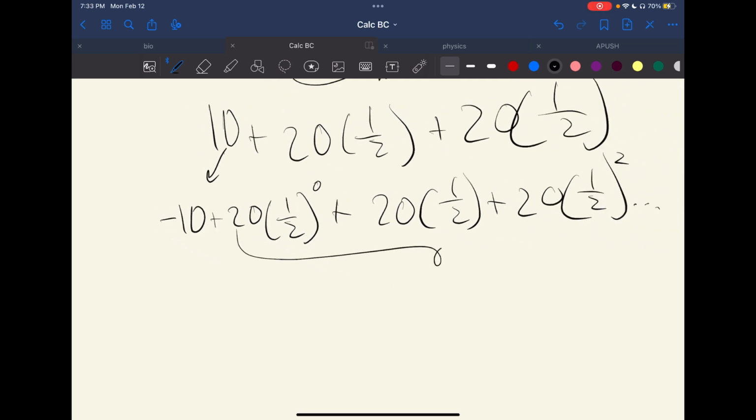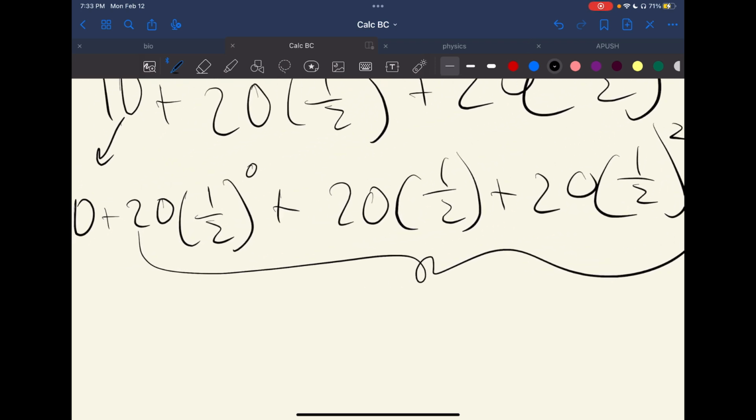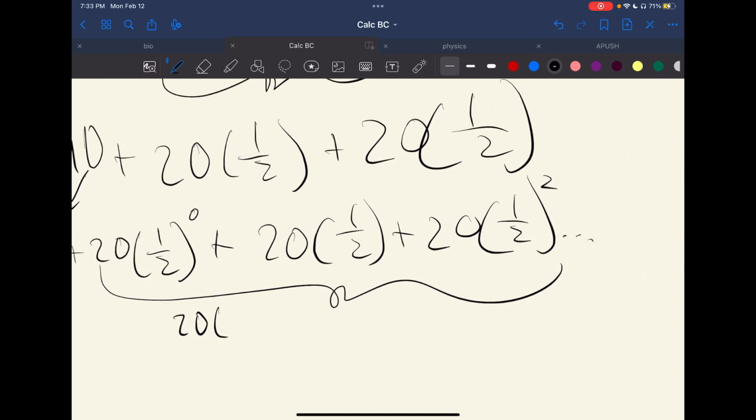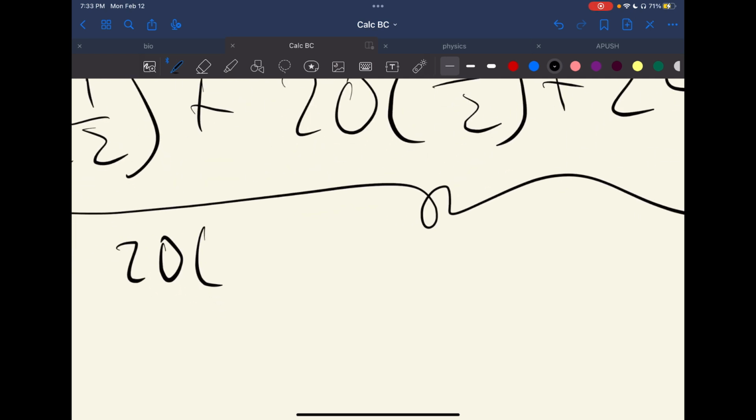So we're going to have to rewrite this as a series. As you can see, we have a 20, and then it's multiplying by 1/2 times 1/2 times 1/2 times 1/2. So we could say r equals 1/2, so it's going to be 20 times 1/2 to the k.